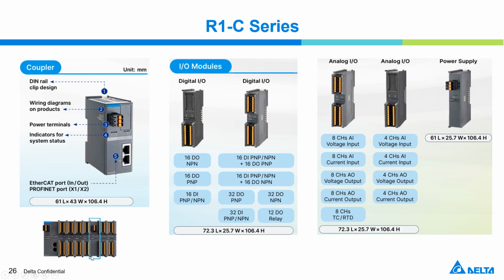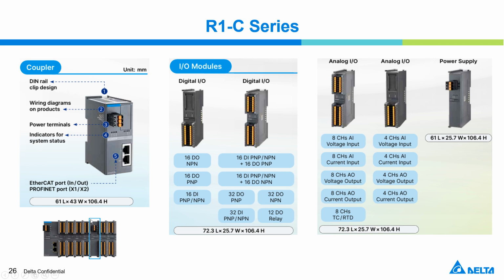Normally the power supply will be put here. Normally for the coupler, the power input has an upper limitation. When you add right side modules, no matter DIDO or AIO, if the power input is not enough, then you can add a power supply module in the middle.